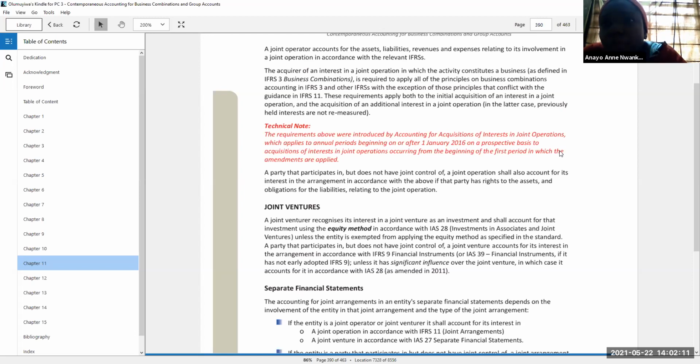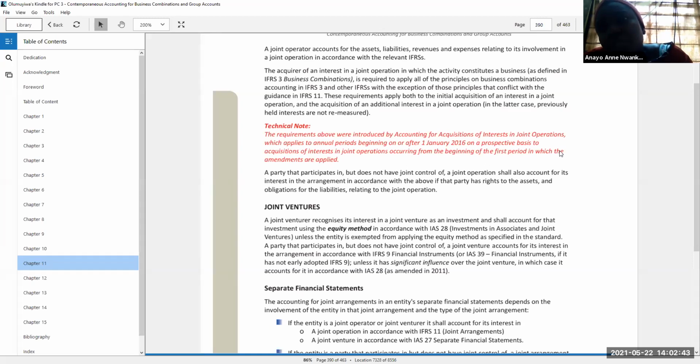The acquirer of an interest in a joint operation in which the activity constitutes a business, as defined in IFRS 3 Business Combinations, is required to apply all of the principles on business combination accounting in IFRS 3 and other IFRS, with the exception of those principles that conflict with the guidance of IFRS 11.